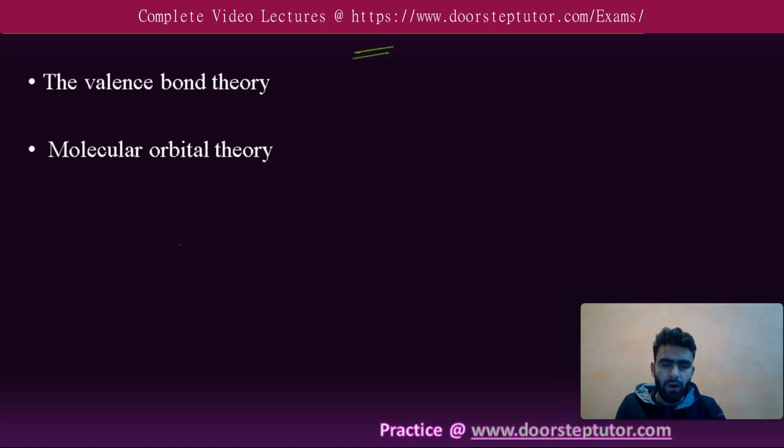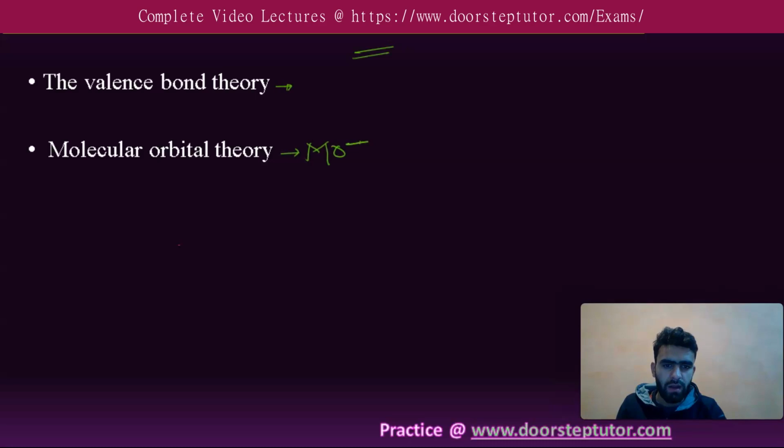Now, to understand how a covalent bond can be explained, there are two theories which will help us explain what a covalent bond actually is. The first theory is Valence Bond Theory, and the second is Molecular Orbital Theory.